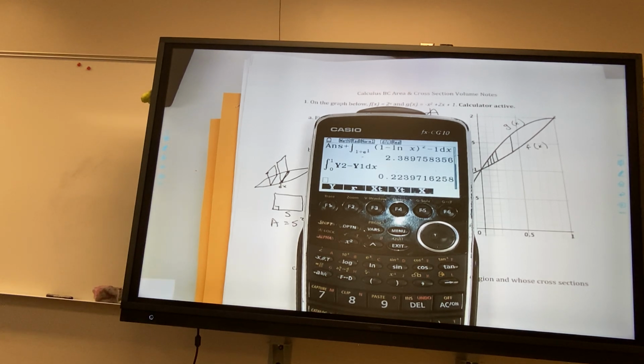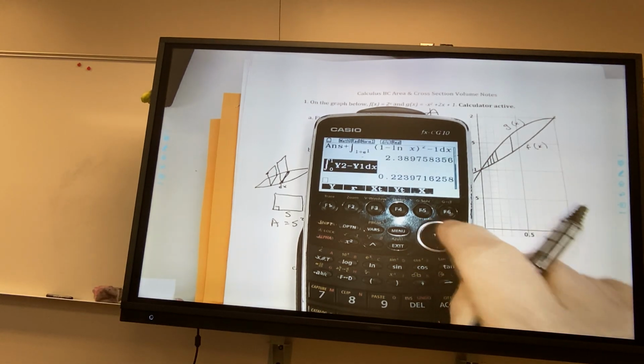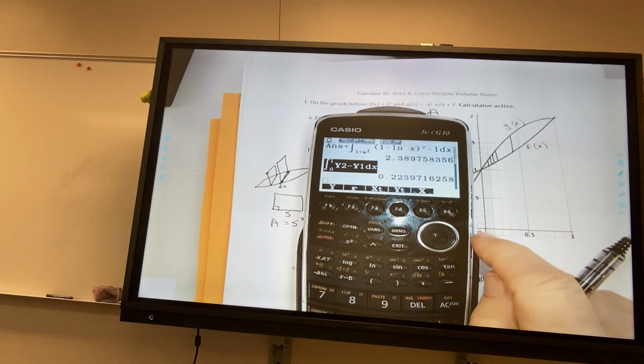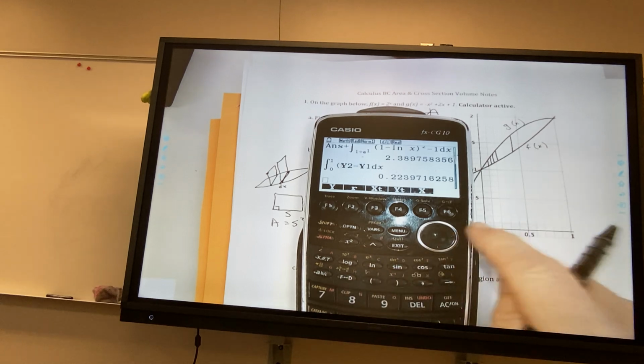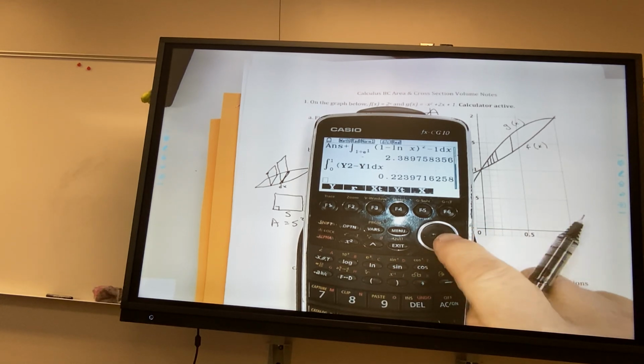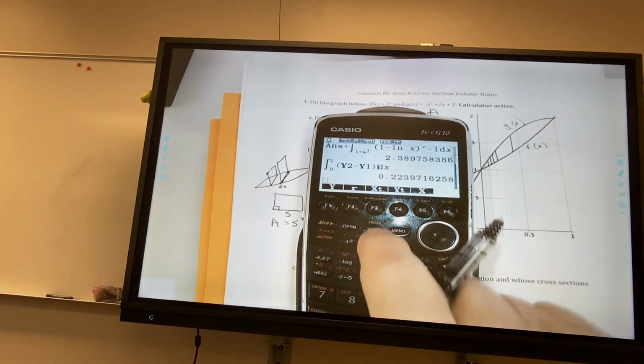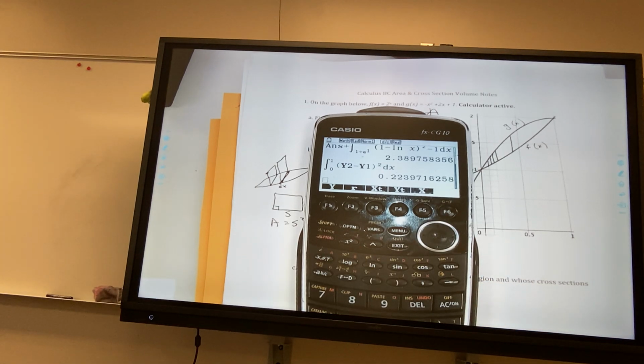And if you keep saying second enter, it will keep going back and back and back. Well, on a Casio, rather than press second enter, I can move up to there. And what I can do, because I don't want to retype everything, I can put my parentheses here around this and square it. It saves you a lot of time. Press enter, and that's my volume of cross sections.